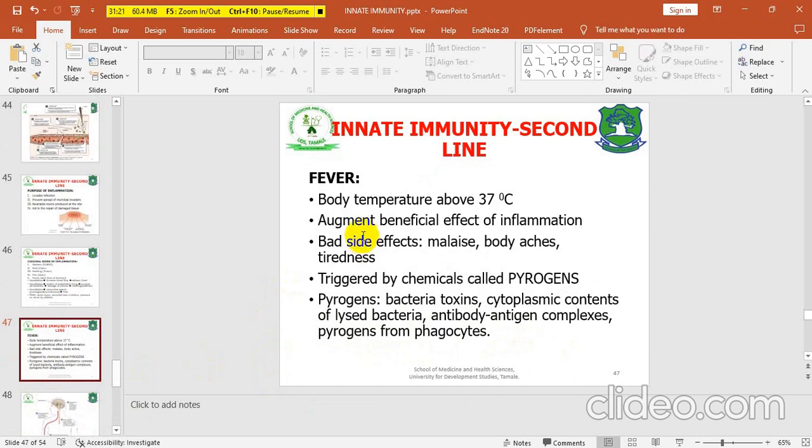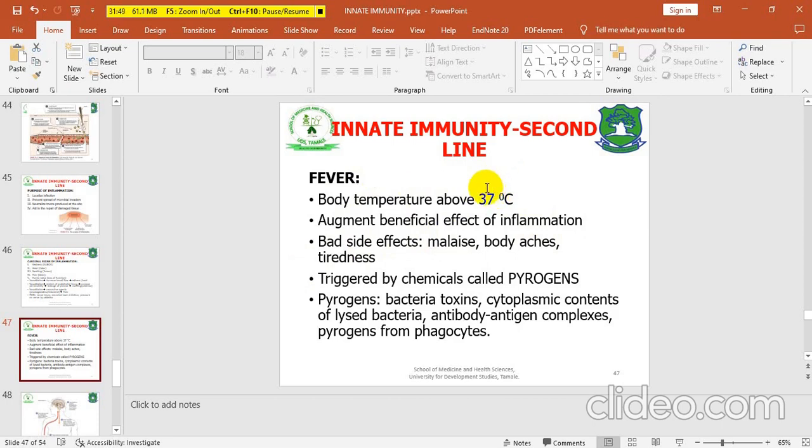When we say fever, it means that the body temperature is higher than 37 degrees C. That's the normal body temperature. But in feverish conditions, the temperature is more than 37. The reason why we have fever is that it augments the beneficial effect of inflammation. When your temperature is above 37, the microorganisms are supposed to be killed or inhibited by the high temperature.